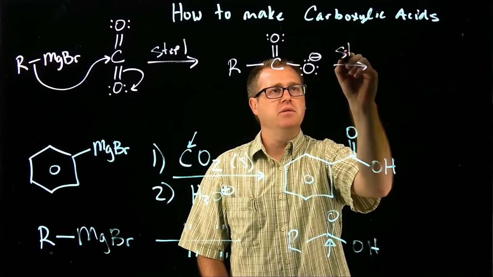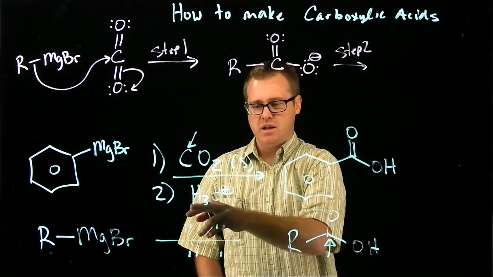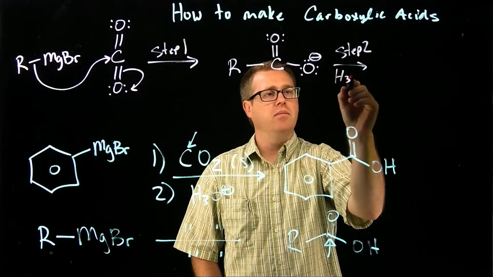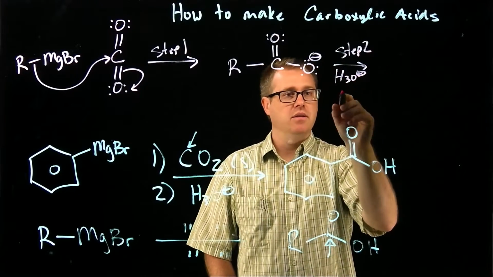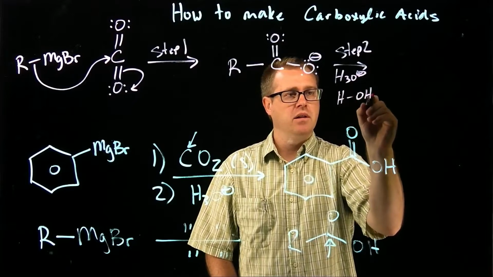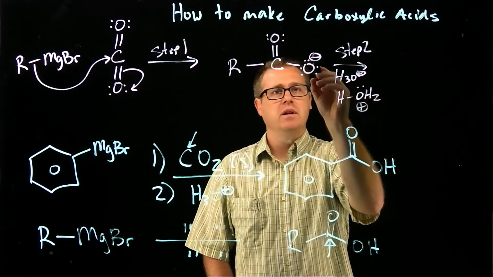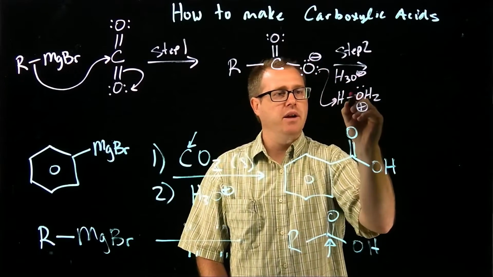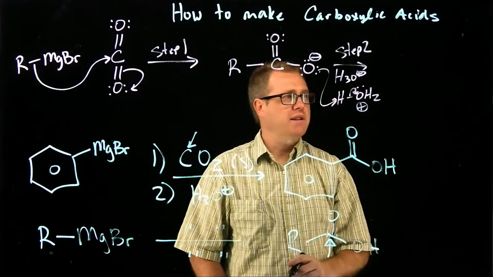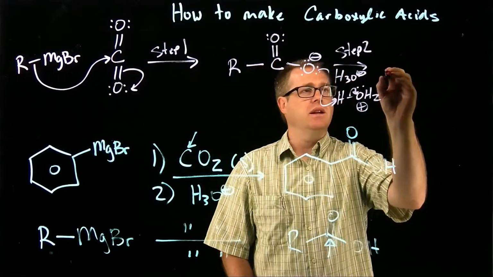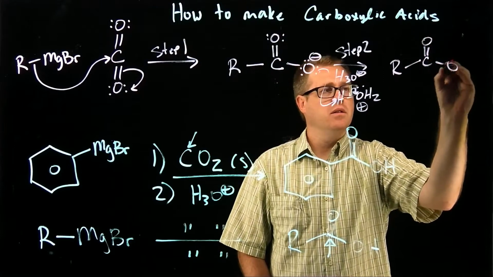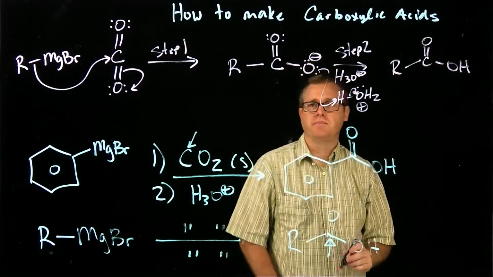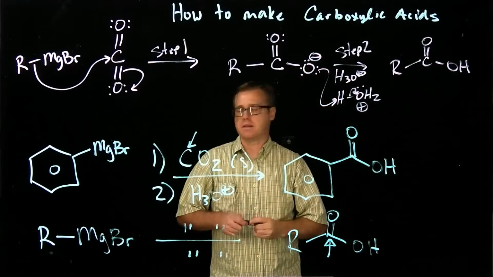We do step 2, which is the acidic workup, which is simply, there's going to be the hydronium around. So this is going to come and do a proton transfer mechanism to give us our product. Just like that. Pretty slick.